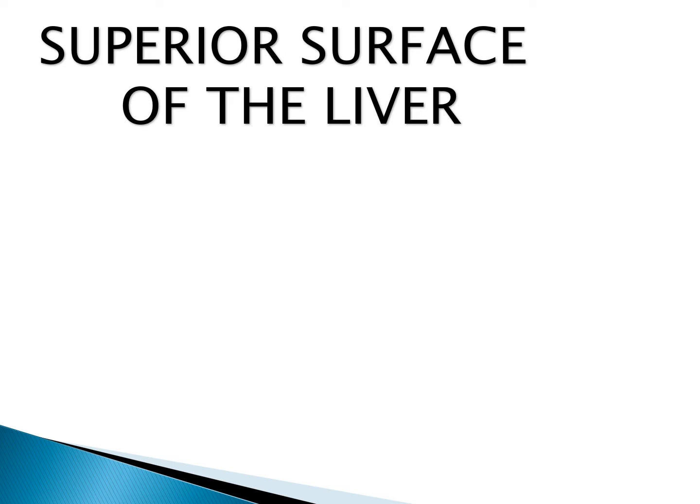All the 5 surfaces that we had read previously, if you can remember, we had read about the 5 surfaces of the liver. So now we have to study their visceral relations: which viscera is in front of them, which is behind them, and which is at the sides. First we are going to begin from the superior surface.